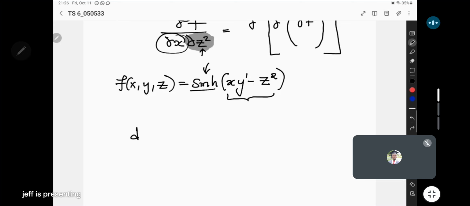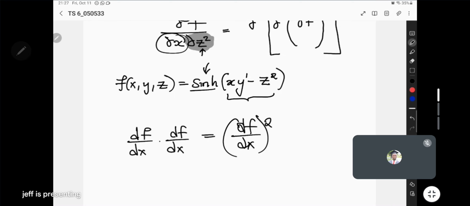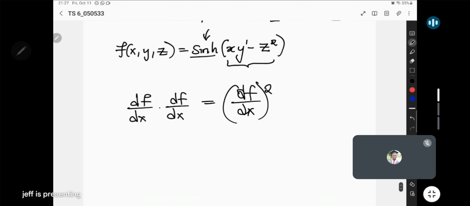Because I should have perhaps df. You have to get the presentation here. If I have df dx, and I also have df dx here, this is just the same as df dx squared. But a second derivative will be presented as d squared f over dx squared.